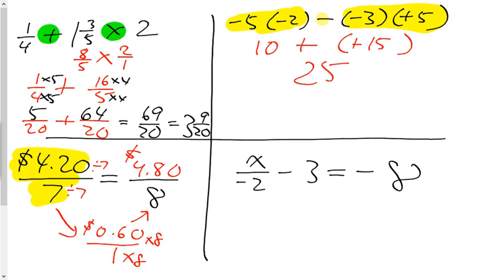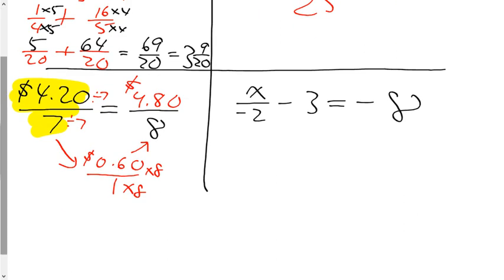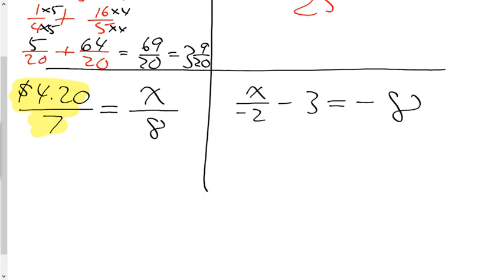How many use algebra? If you did use algebra, you knew that, let's go back in time real quick. If you did use algebra, you did this. You multiplied across here to get 7x. You multiplied across here to get $33.60. Is that right?